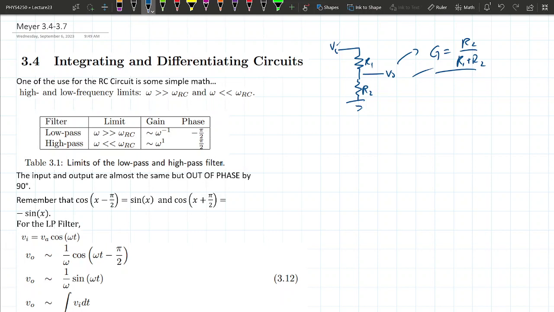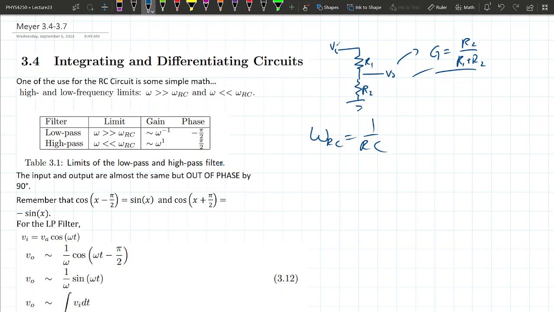So for those of you who watched the lecture last time, in the limit where the frequency of your signal is much greater than the RC characteristic frequency, which is just 1 over RC, for the low pass filter the phase difference between the input and the output goes to pi over 2, 90 degrees.